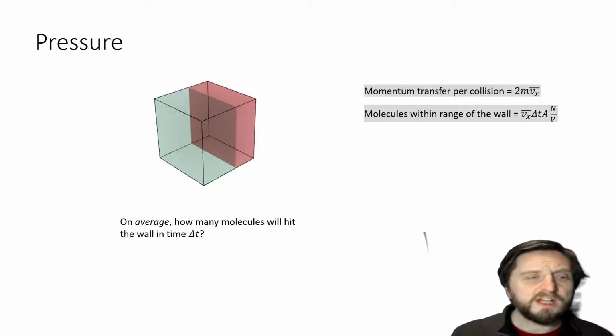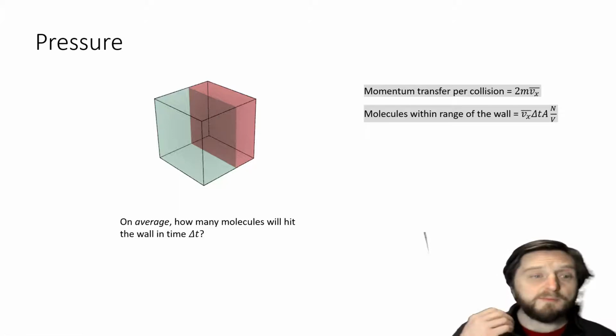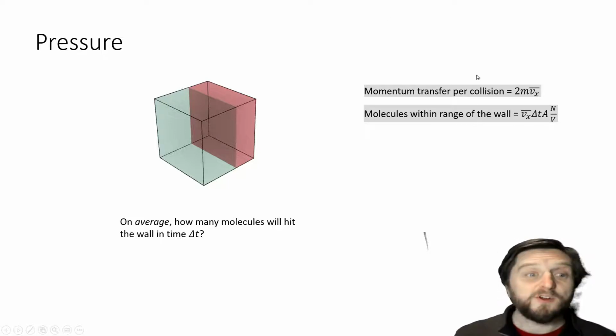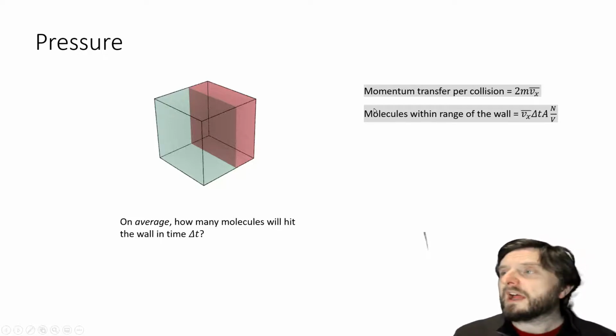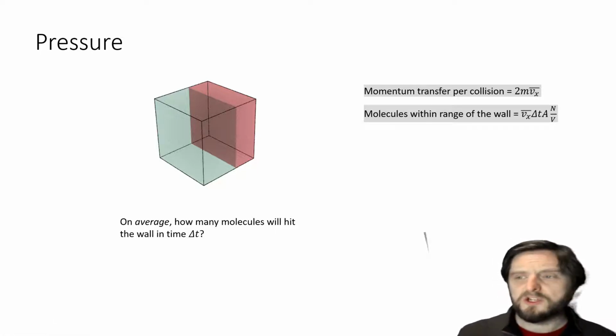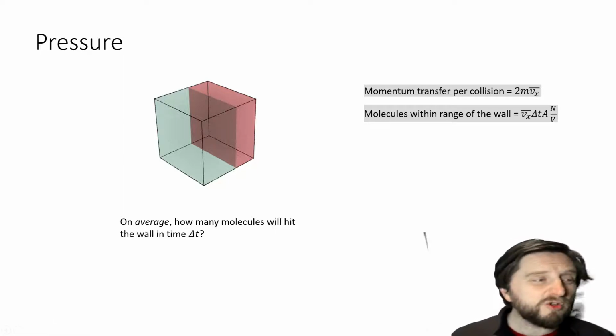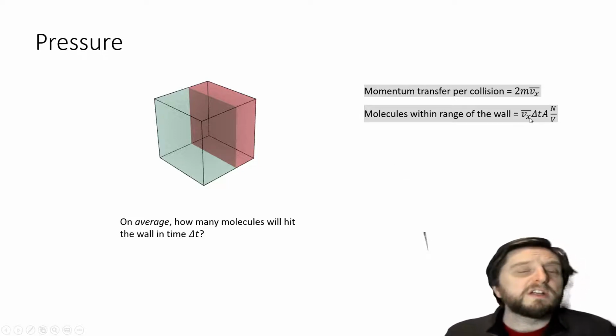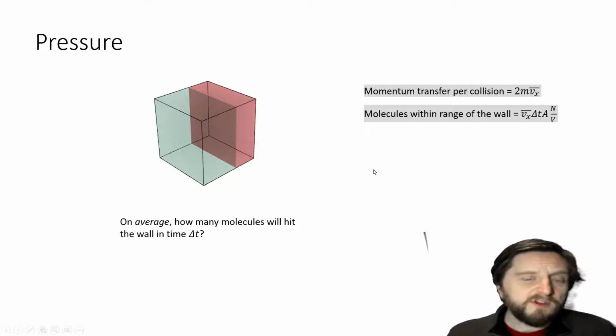Remember again, what we're trying to calculate here is the momentum transferred per second. So we've got the momentum transfer per collision, and then we have the number of molecules that could hit the wall in that particular time. However, this isn't going to be all of them, because although that's the average velocity in the x direction, some of those molecules are going to be traveling in the opposite direction during our time.